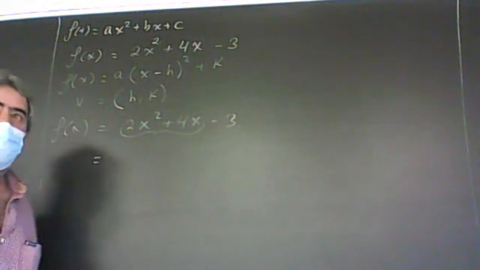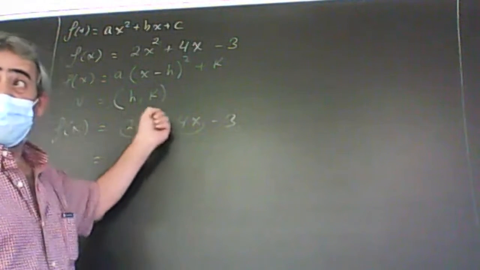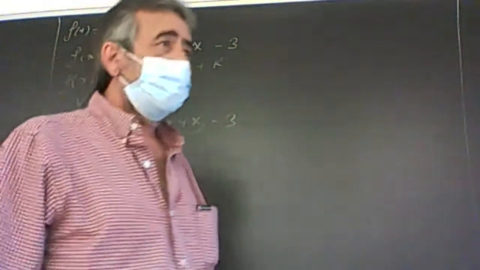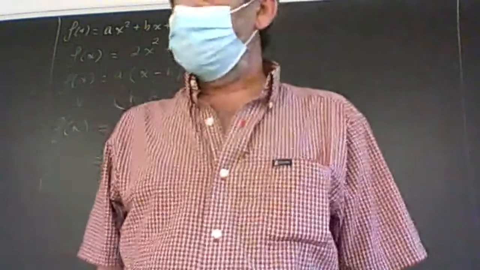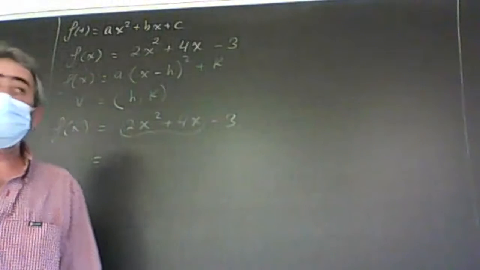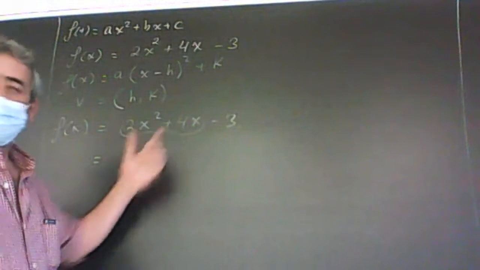And last time we said, when we did this, x squared must be alone. It shouldn't have any number with it. But now it does have a 2 with it. What do I do with the 2? Well, the first step is I will factor 2 out from these two terms only.